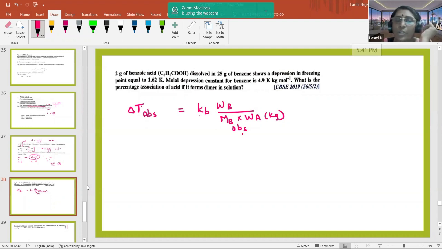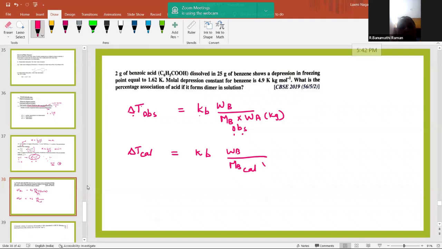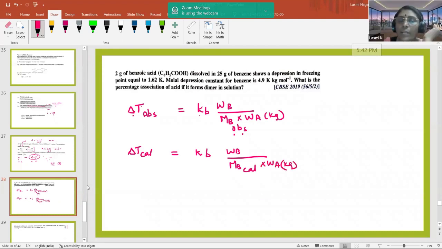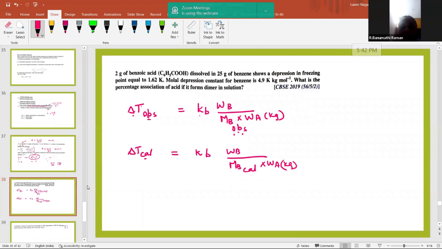If you substitute observed delta T, you will get observed molar mass. On the other hand, if you take the calculated value, with no correction factor, then this will be Kb, WB by MB calculated into WA expressed in kilograms. So no correction factor so far. Observed will give observed result. Calculated will give you calculated.